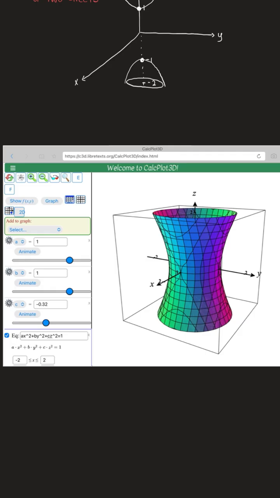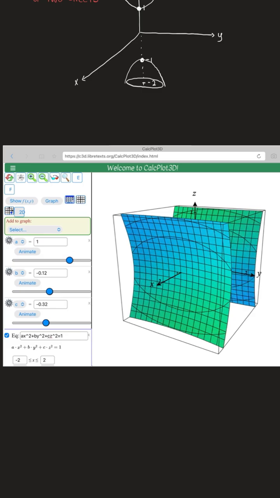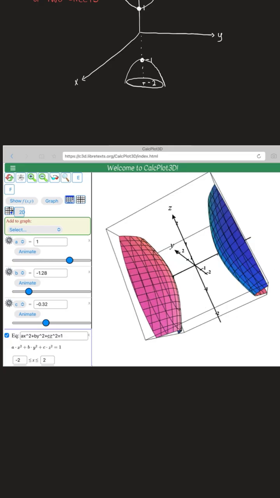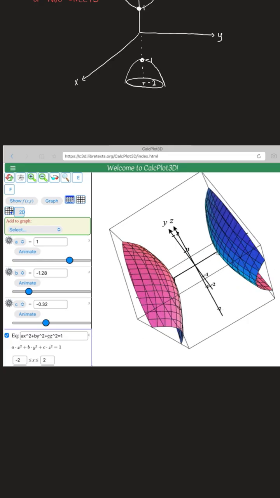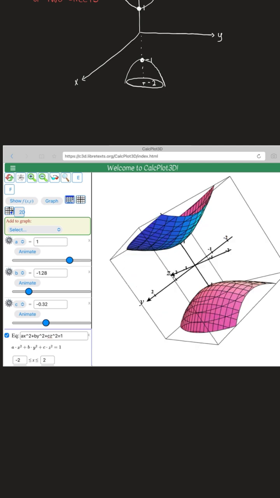Now, if I let two of the parameters be negative, so let's keep c negative and let's let b be negative also, take a look at what happens. If I let b be negative, we're getting that hyperboloid of two sheets. And as you can see, in this diagram, there's our hyperboloid of two sheets.